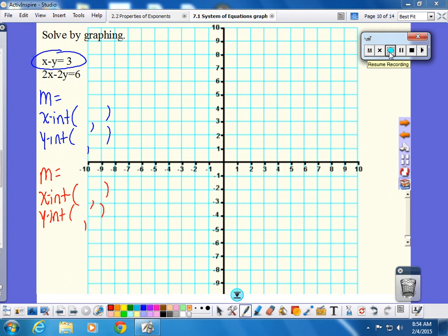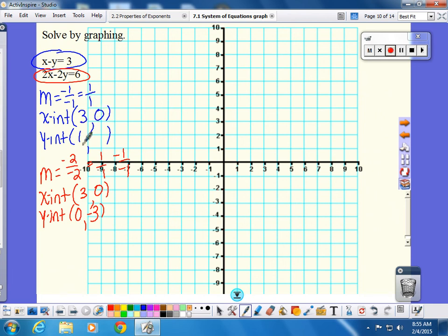Alright, let's look. So the slope, -2 over -2, reduces to 1. C over A reduces to 3. C over B reduces to -3. Up here, -A over B has a slope of 1.